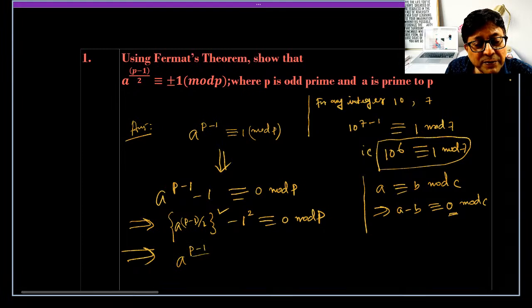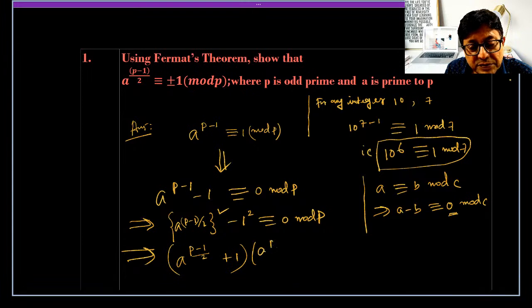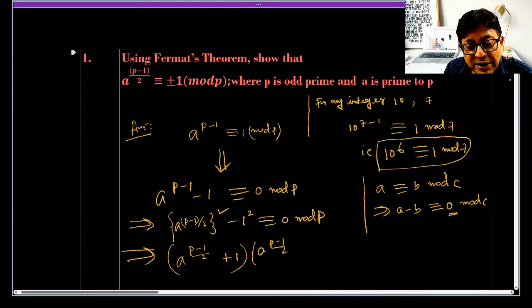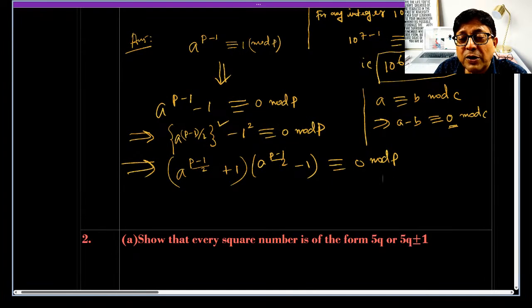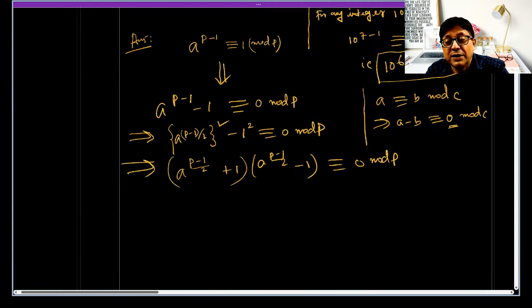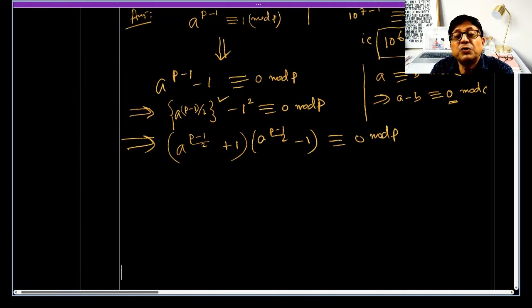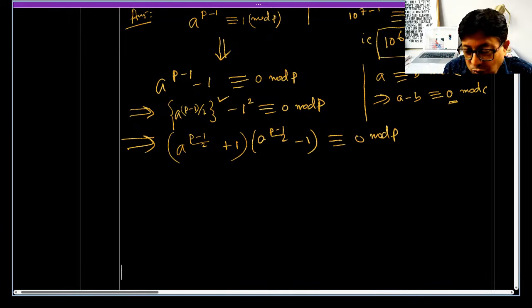So a to the power (p minus 1)/2 plus 1, into a to the power (p minus 1)/2 minus 1, is congruent with 0 mod p, isn't it? So this product is equal to 0 mod p. It means one of them is divisible by p. Both of them may not be, but one of them has to be divisible by p.